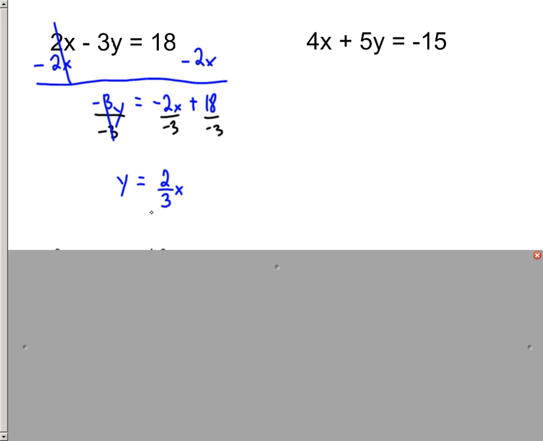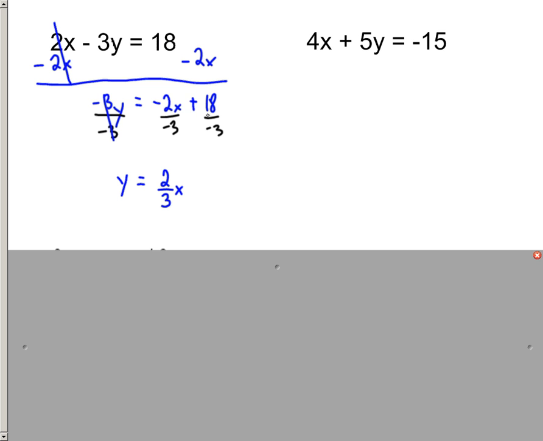Now, what happened to my negative signs? Well, fractions are division, and a negative 2 divided by a negative 3 would be positive. So these two negative signs canceled each other out and made it positive.